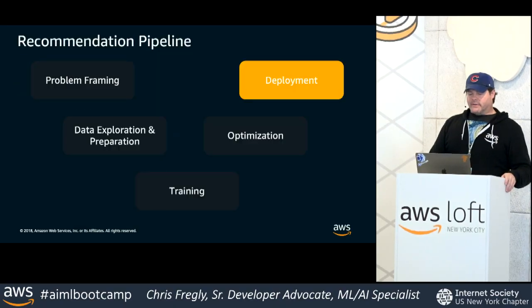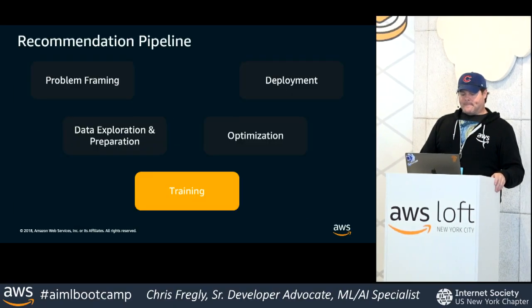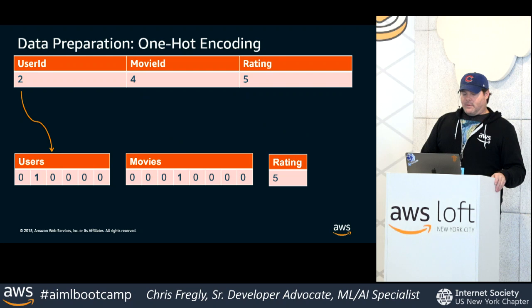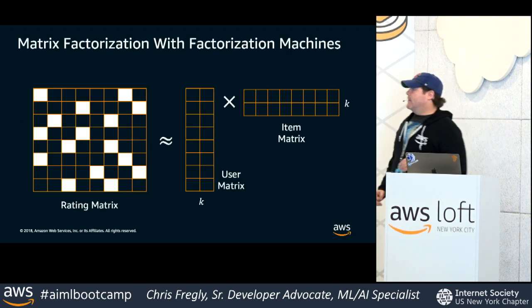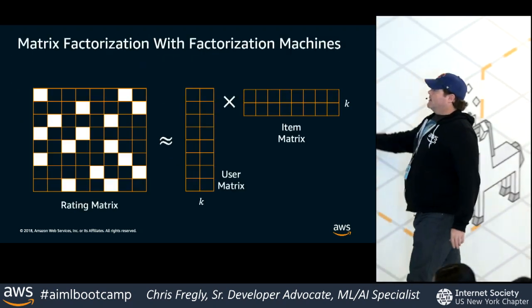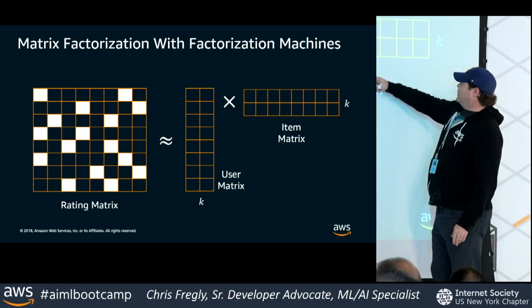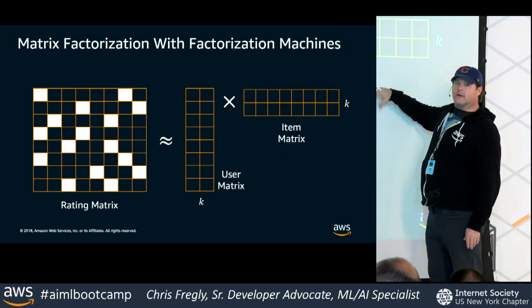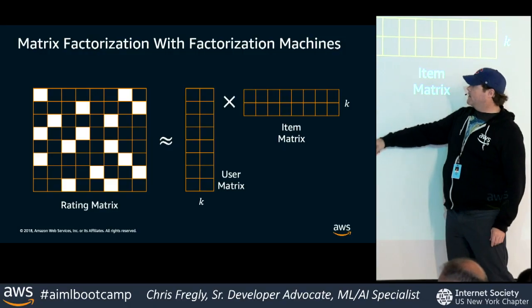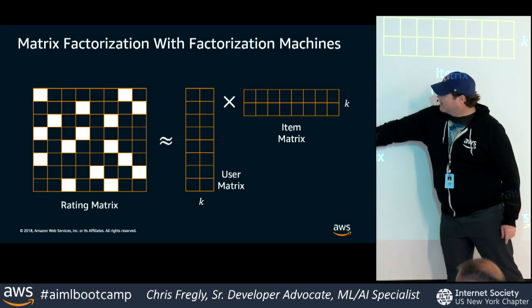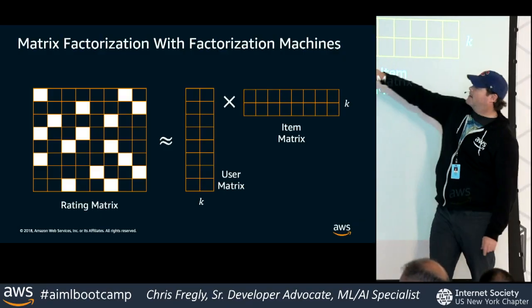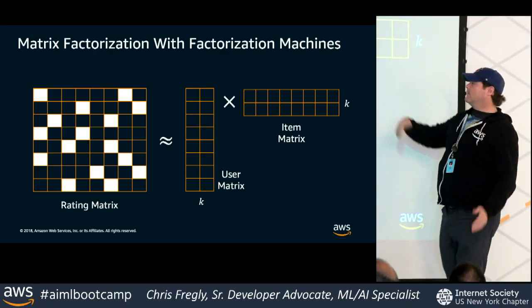I should mention too, just to tie this back to this example, once we get these factors, this is typically called an item factor matrix and a user factor matrix. If you remember linear algebra, that dimension times that dimension has to equal the full dimension.